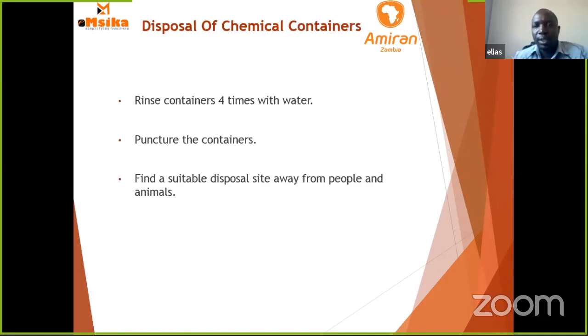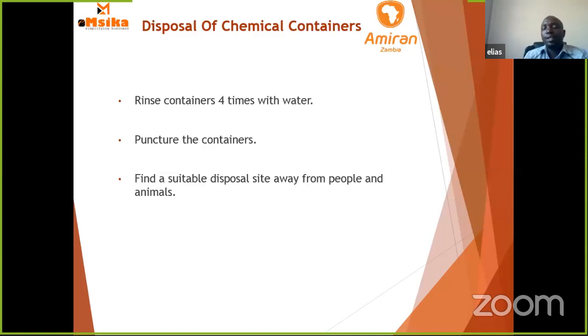Disposal of chemical containers. First of all, once we are done with the chemical that we are using, we need to clean the empty containers of that chemical 4 times. And not just that, we need to make sure that we puncture the containers so that they are not reused by someone for any other intended use.